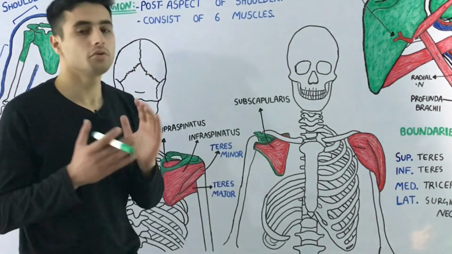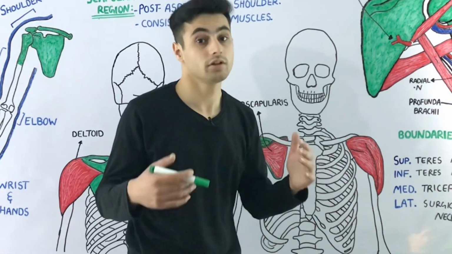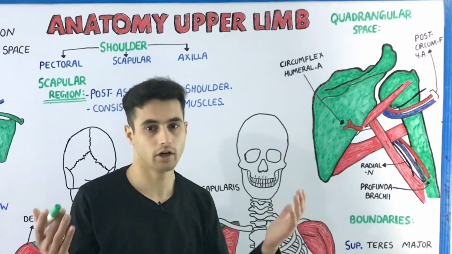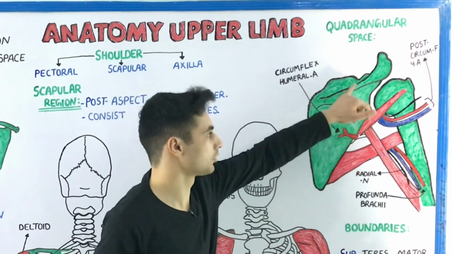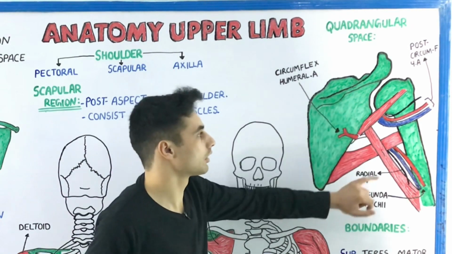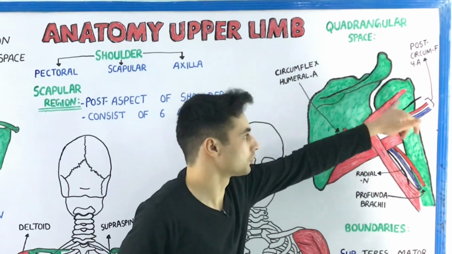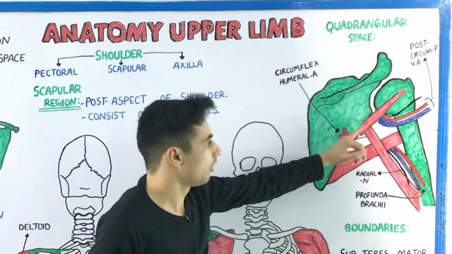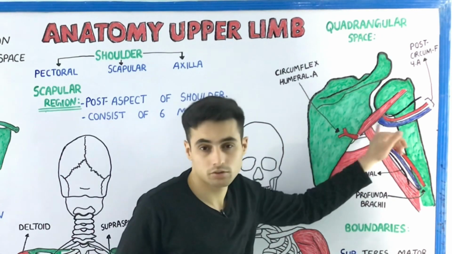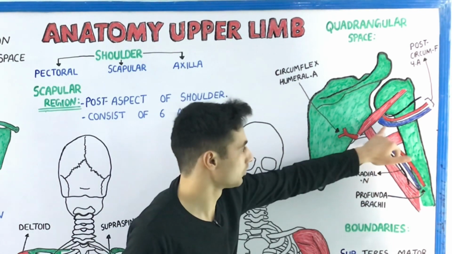Now, due to the arrangement of these muscles, certain spaces are created. Have a look at this diagram. This is the scapular bone, which I have shown with the green color, and this is the humerus bone. Due to the arrangement or the attachment sites of the muscles, some spaces are created. Now, what are those spaces? Have a look.